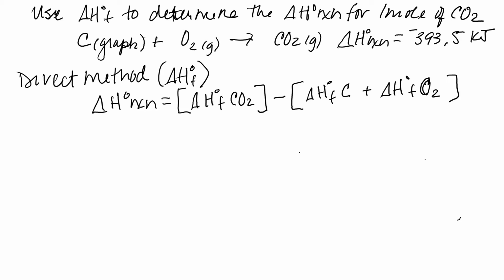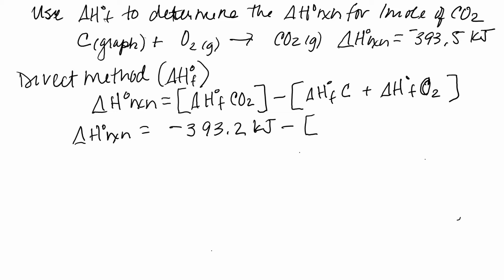Okay, so again, we can look up those standard heats of formation in a table in the appendix of your textbook, and you will find that the standard heat of formation of carbon dioxide is negative 393.2 kilojoules.